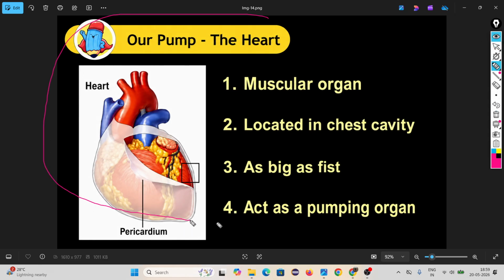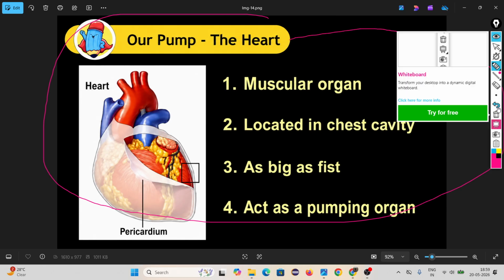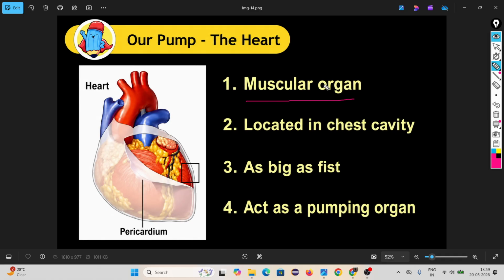Then come to the heart, the third part of our circulatory system. It is made of a muscular organ. Which type of muscle? Cardiac muscle. We have smooth muscle, cardiac muscle. Cardiac muscle is involuntary. Involuntary means it is always functioning, we cannot stop it on our own.